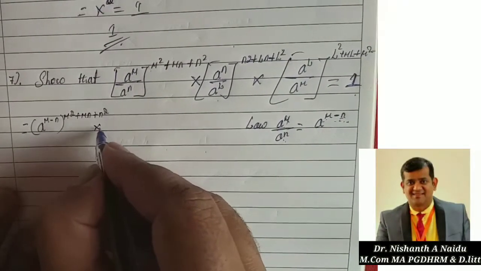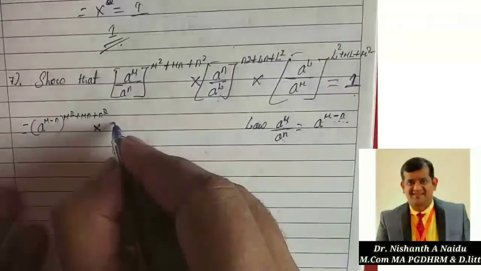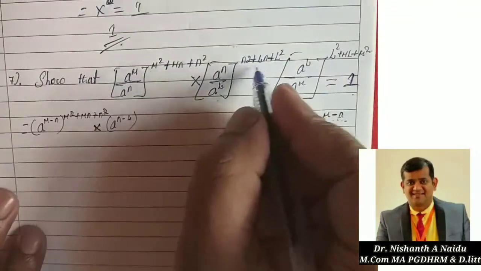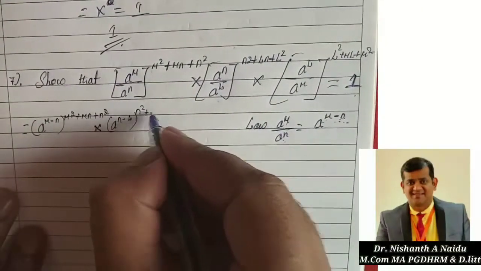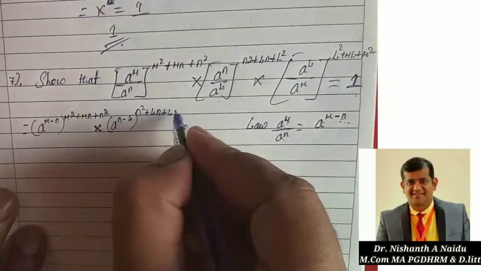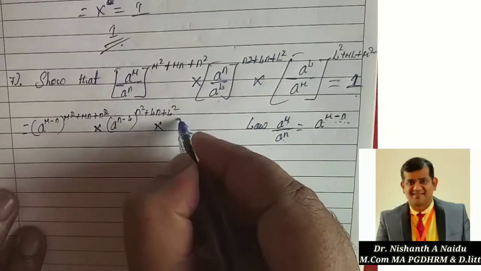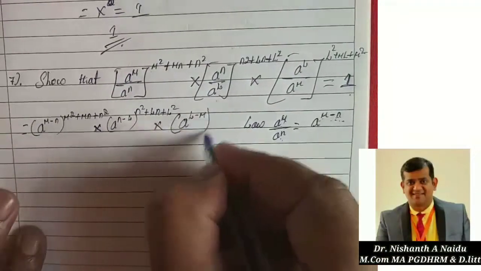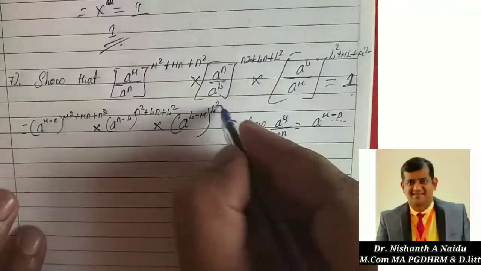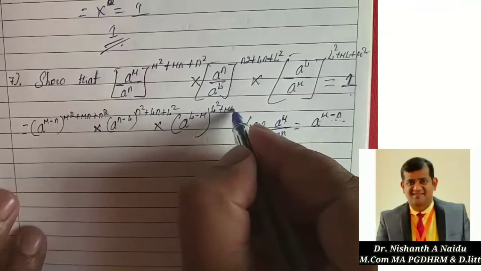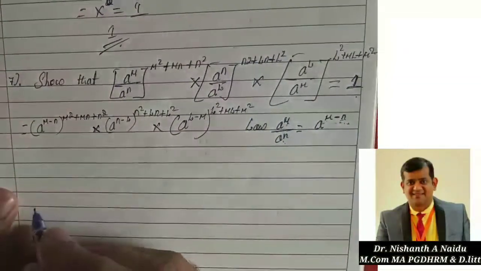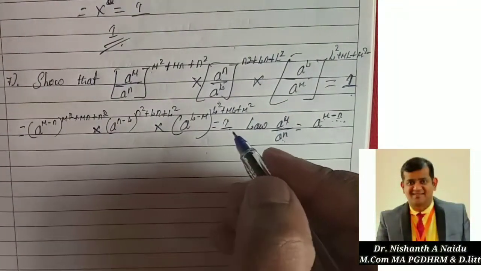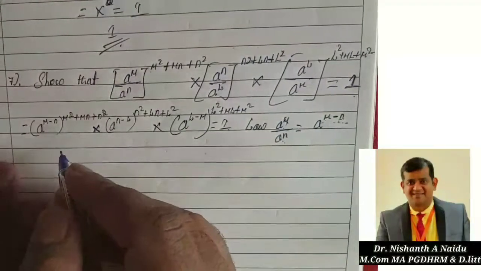So write that multiplication: into a to the power n minus l whole power n to the power 2 plus ln plus l to the power 2, into a to the power l minus m whole power l to the power 2 plus ml plus m to the power 2, that is equals 1.